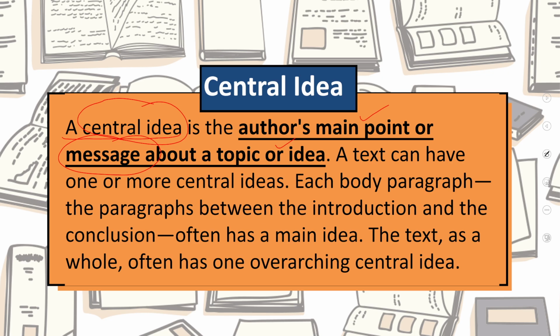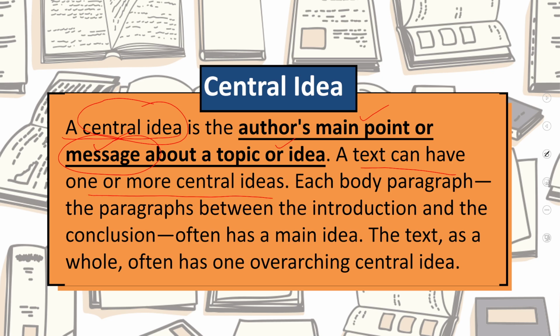How can you find it out? You have to read the whole passage or the text that is under observation, and then you can move on and find what the main point is, what the author is trying to convey, and what message is being conveyed. Now, we can have one or more central ideas.